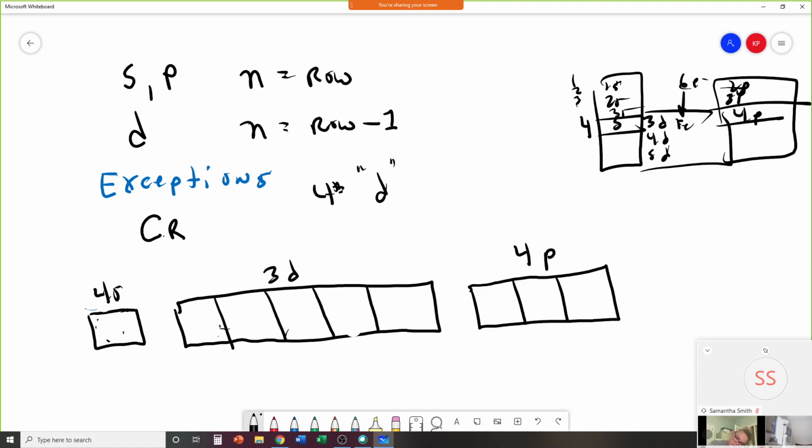And if we were to do the box configuration for chromium, we would say arrow up, arrow down for those first 2 electrons. And we would say 1, 2, 3, 4 for chromium. Chromium is your 4th element across in your D sub shell, right? Everybody with me, right? All right.